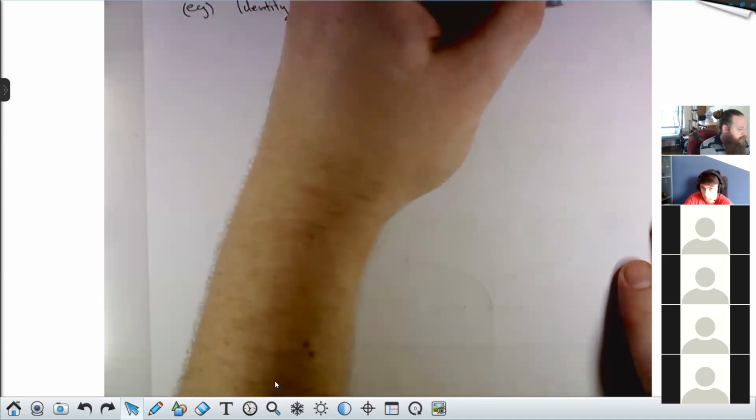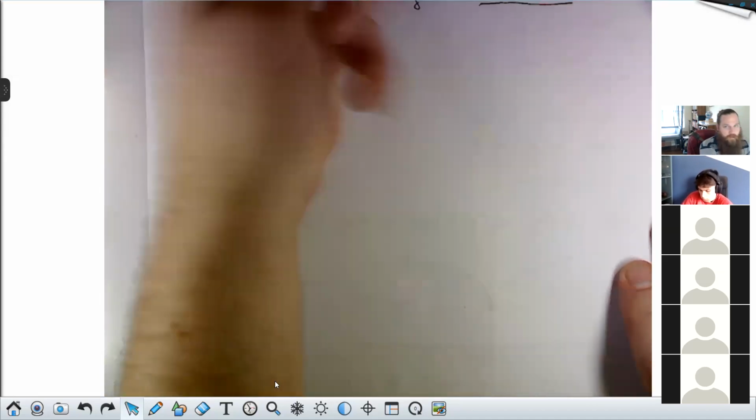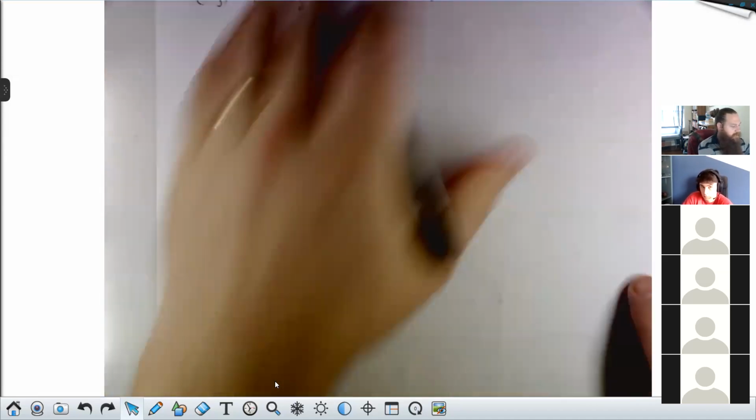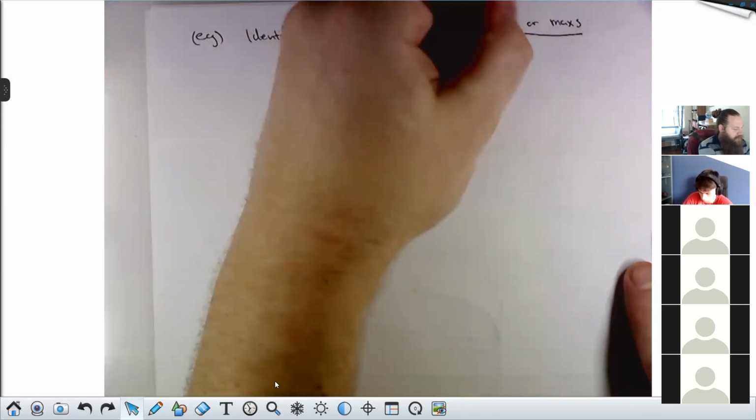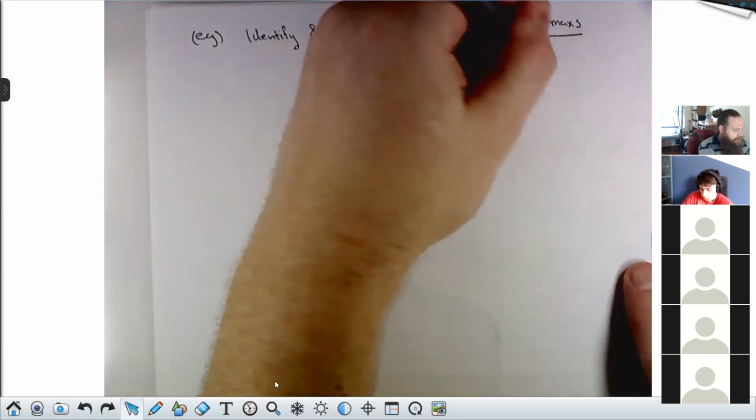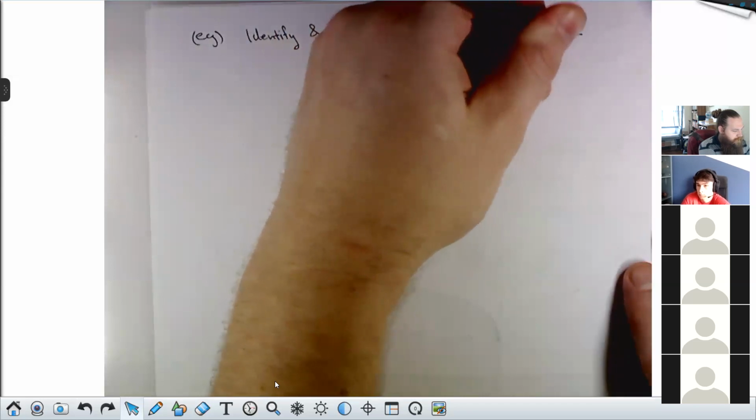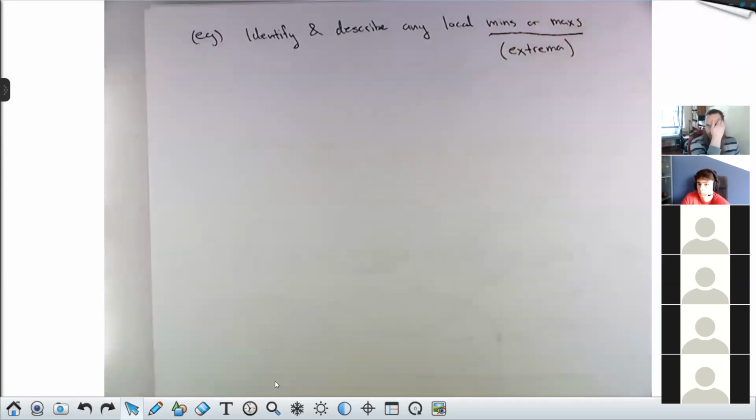The term for these two things together, by the way, when I ask for like all the mins and maxes, these are called extrema. If you hear the word extrema, that's what they're asking about. Extreme values, the smallest or largest values, extrema.